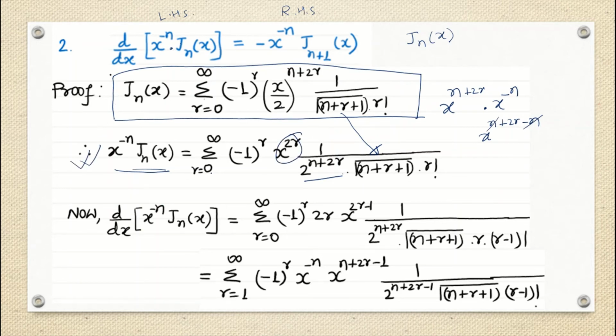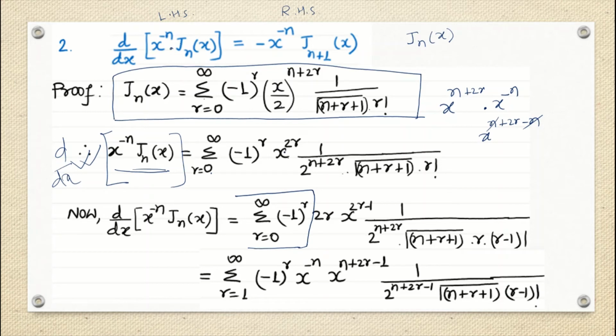Now I am going to take the derivative of this term, d by dx of it, with respect to x. So sigma r from 0 to infinity, minus 1 to the power r, remains as it is because it is constant with respect to x.